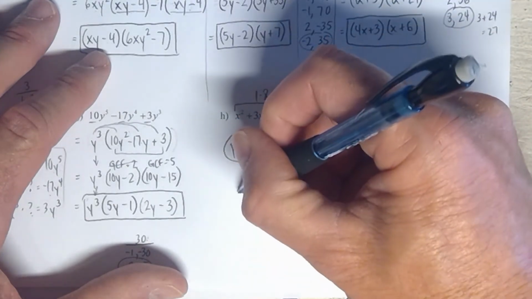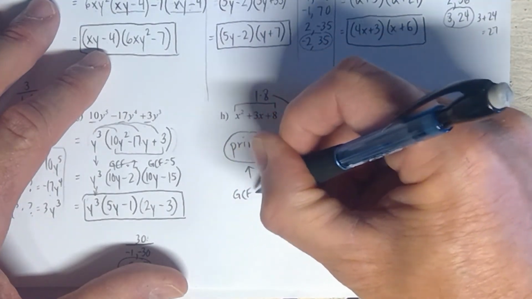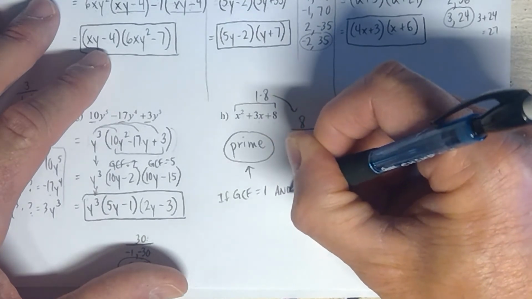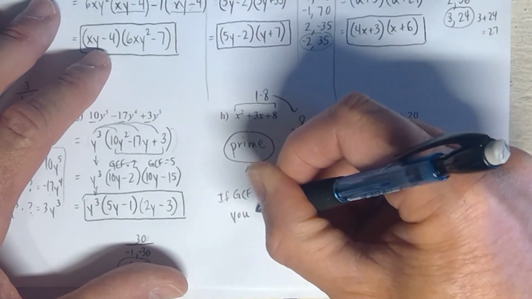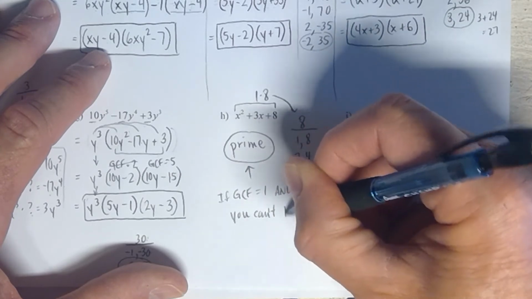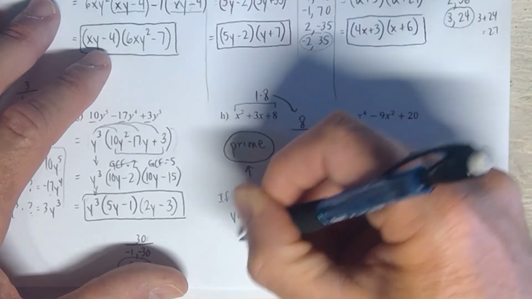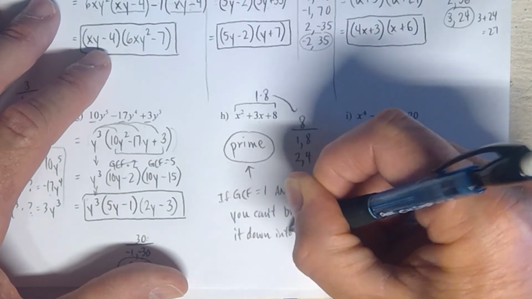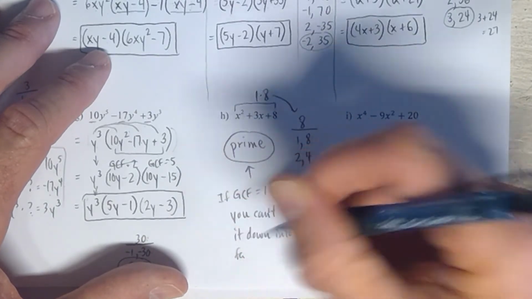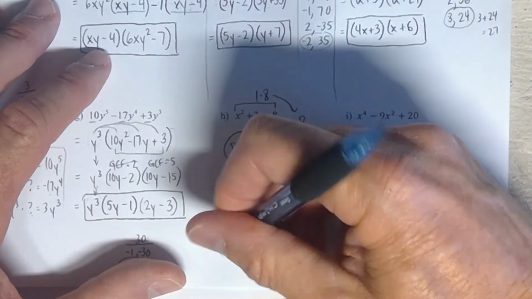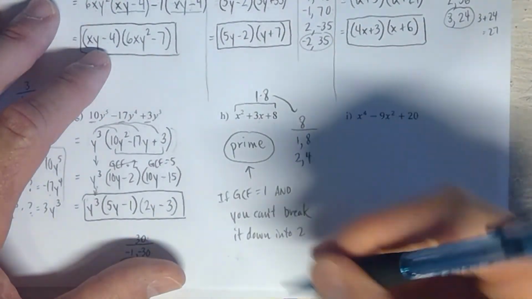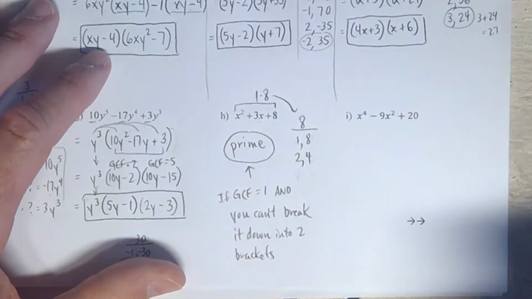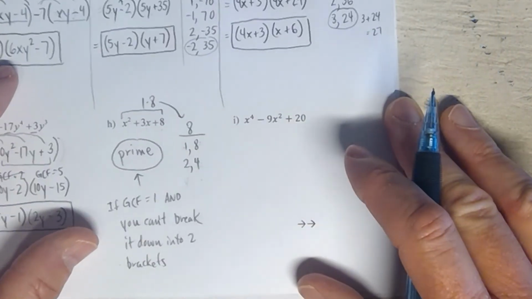It's prime when the GCF is 1 and you can't break it down into two factors, two brackets, same thing. There we go. And so that's what prime is.